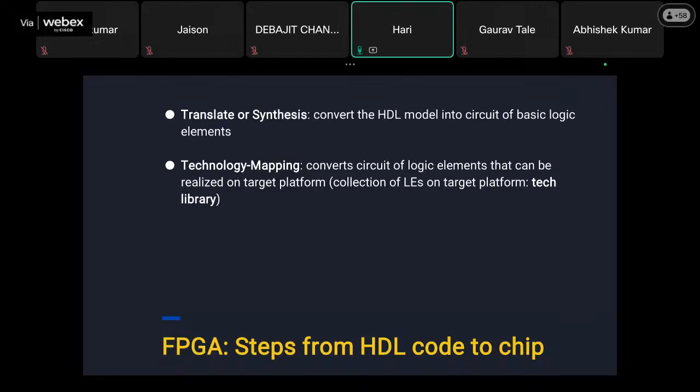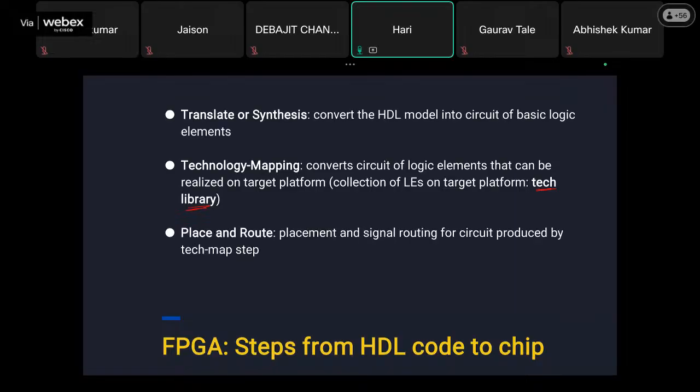But how will you map those particular blocks into your configurable logic blocks? That is called technology mapping. In each target platform they use a different tech library, we call it a tech library in the FPGA world. That library will handle how to map the synthesized blocks into the actual FPGA to complete the interconnection and everything.